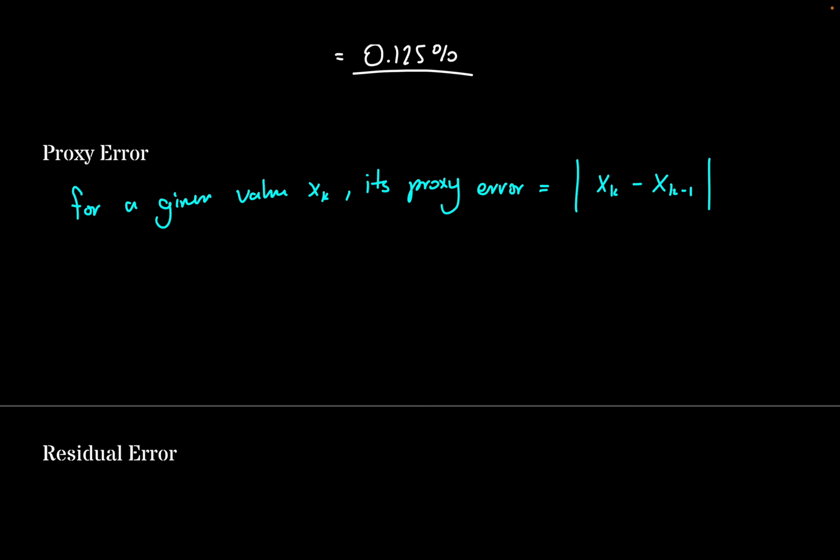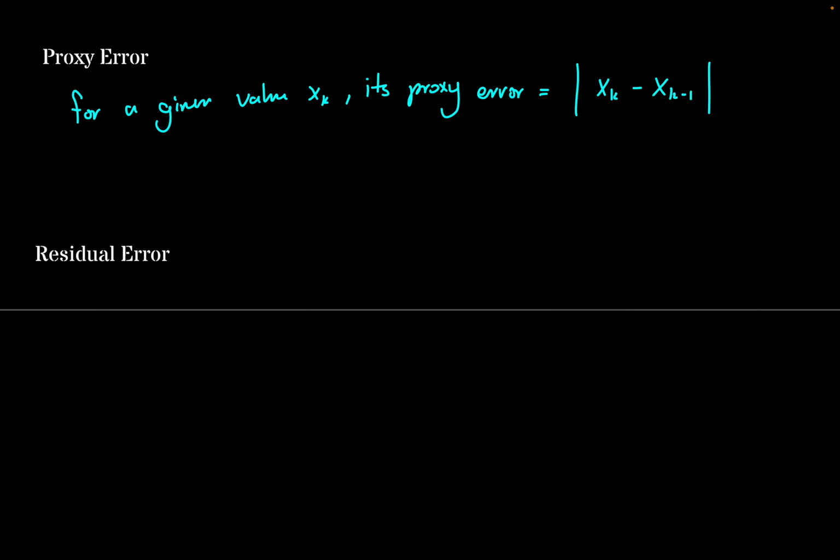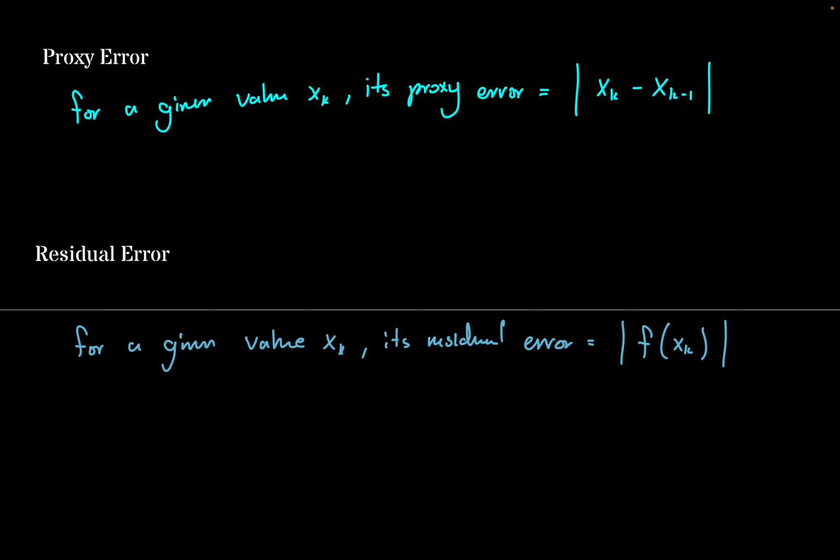Now, the last type of error that we will talk about is the residual error. So we'll move that up here. And now for the residual error, we can say for a given value, again, x sub k, its residual error is going to be equal to the absolute value of f of x sub k. And then that's pretty much it.